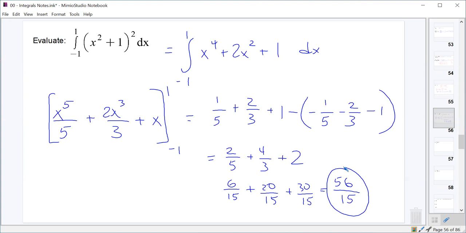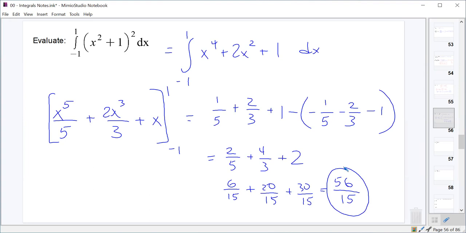Something to keep in mind here is something that we know about this particular function, x squared plus 1 squared, is that that's an even function. Right? That function is symmetric across the y-axis.